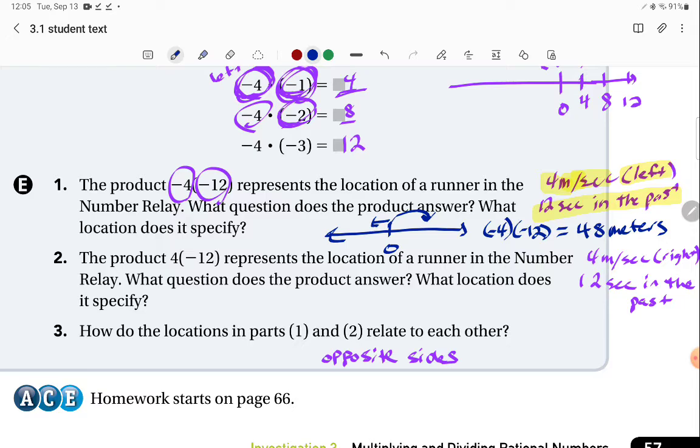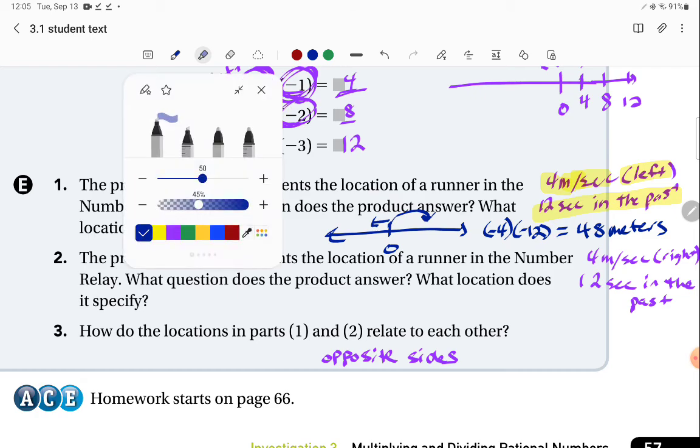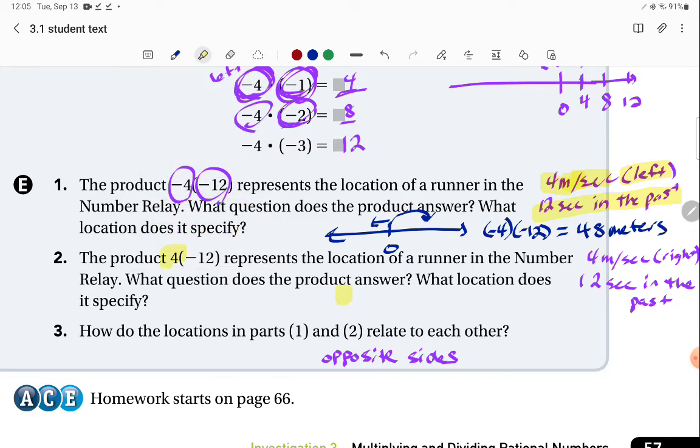2 is very similar, but on 2, it talks about 4 meters per second to the right. So now you're running to the right, and then -12 means 12 seconds in the past. So if you're running to the right and looking in the past, here you are.